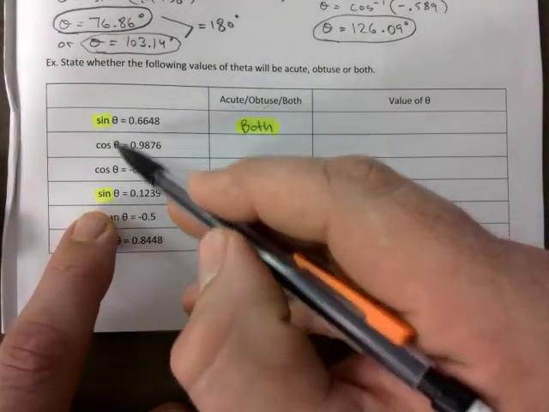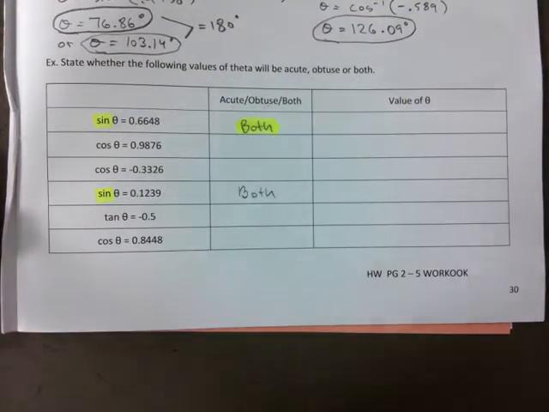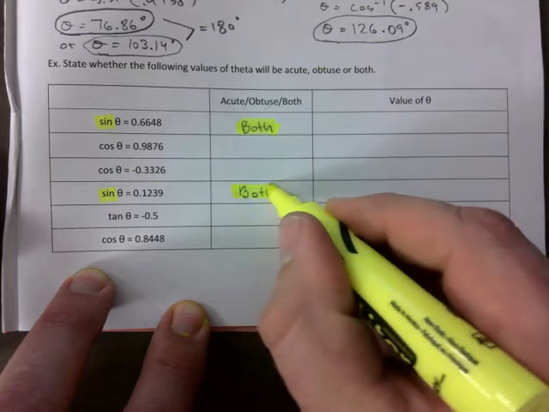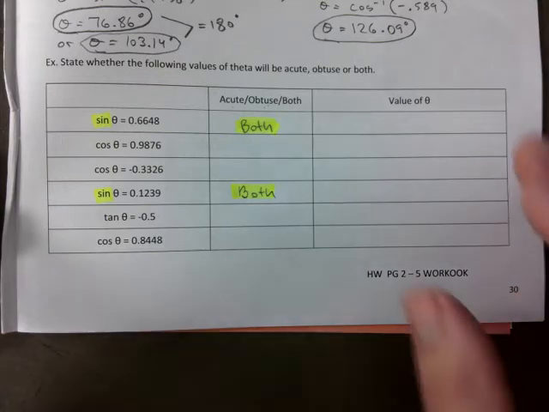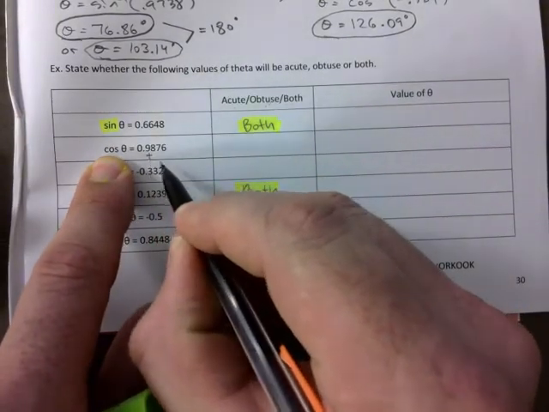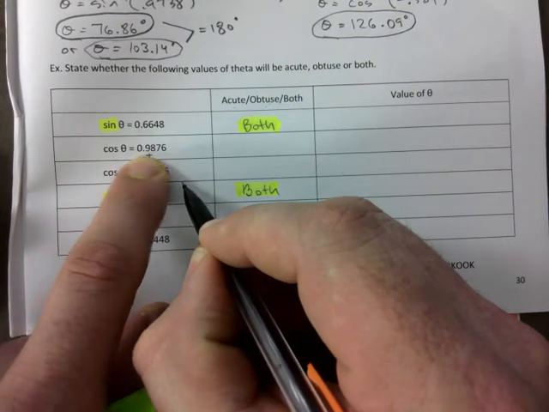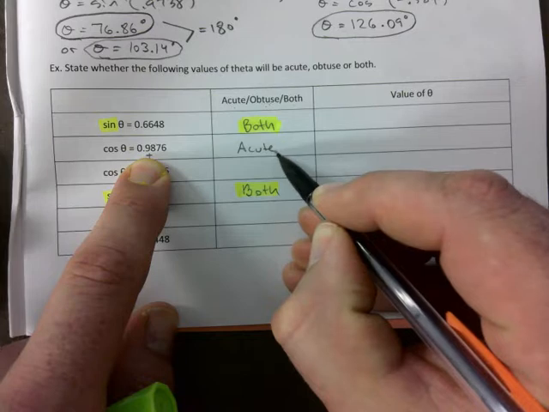So if you scan your list for wherever there's a sine, you've got two options. But the other ones you need to figure out based on the sign. If cosine of theta is positive, that will be acute.